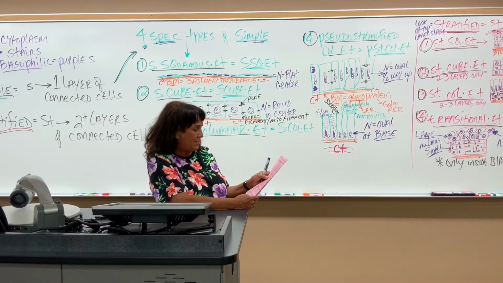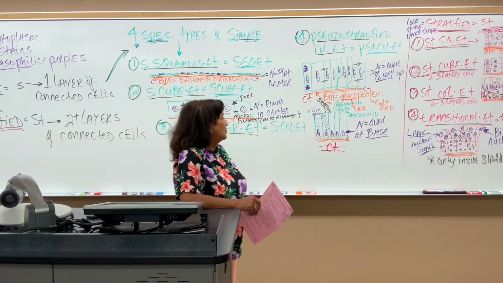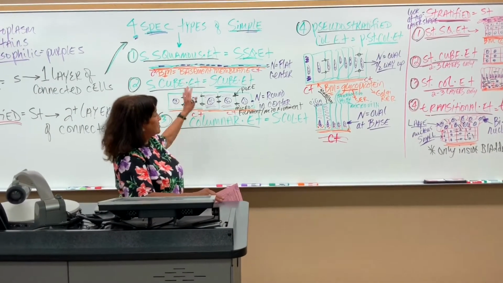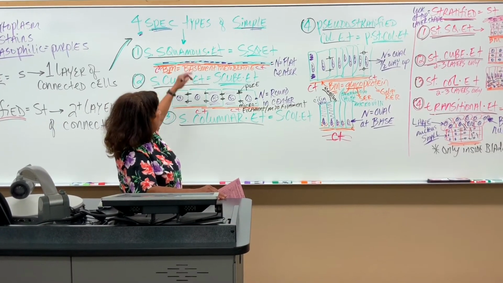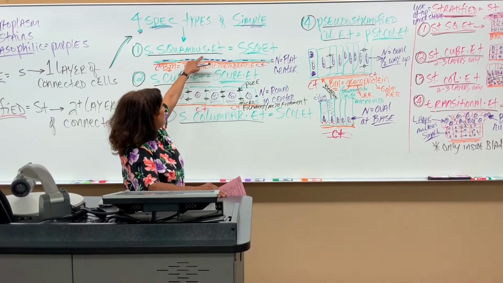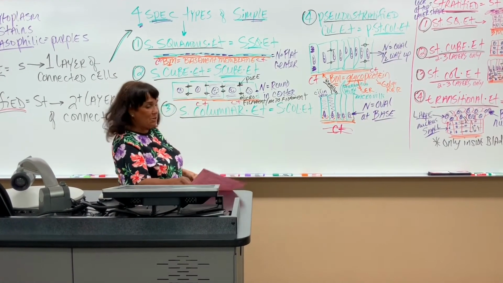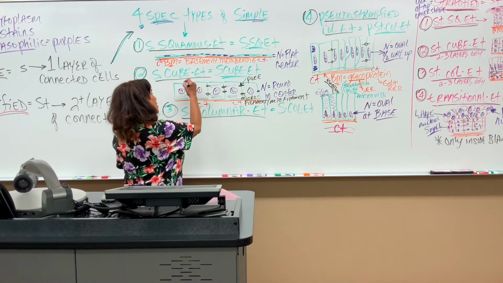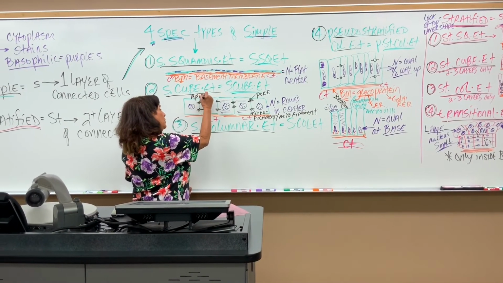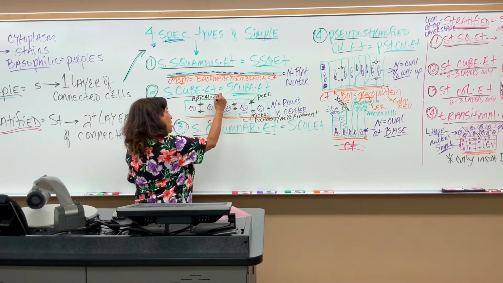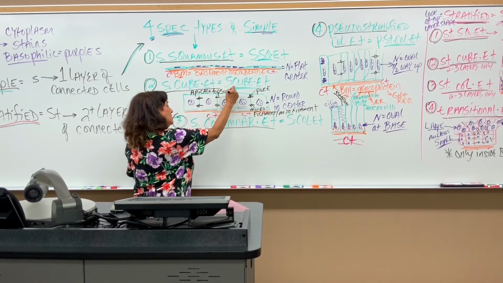And number 7, cell surfaces. So all ET cells have a top surface and a bottom surface. And so the top surface is called the apical. Apical means top surface.